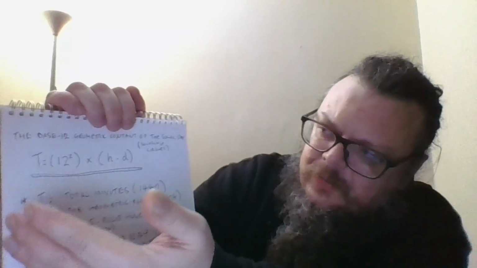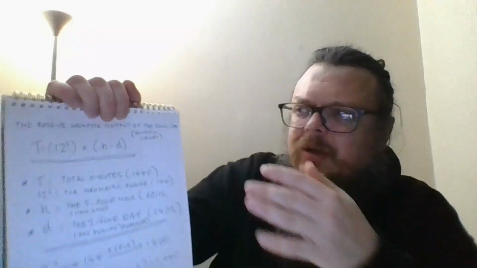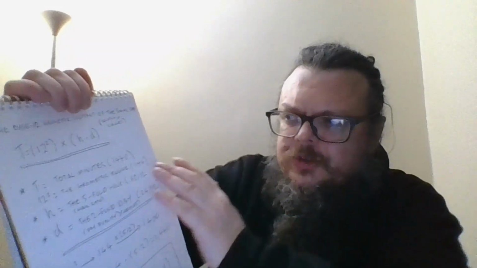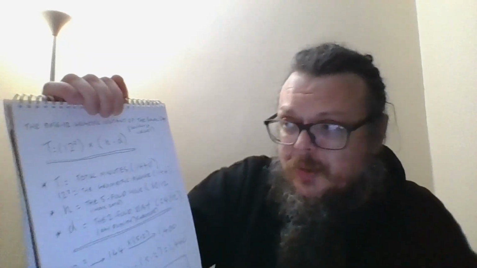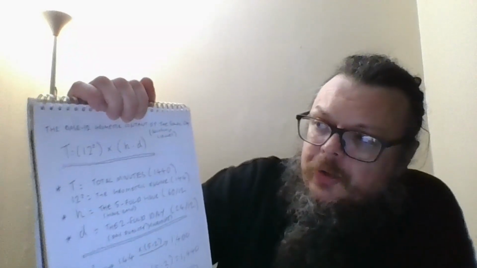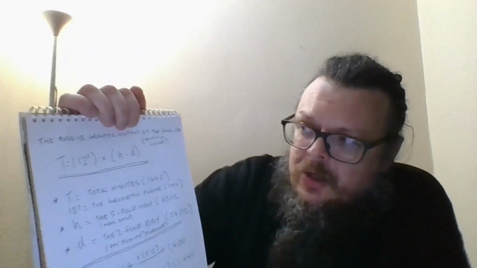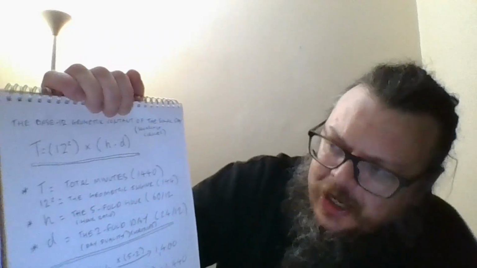So anyway, for the layman, T is what the formula is going to equal. That's what's going to be at the end, which is 1,440, which is what we're aiming for. The easiest way to do that is obviously times 10, but the tricky way is how do you represent the 10?